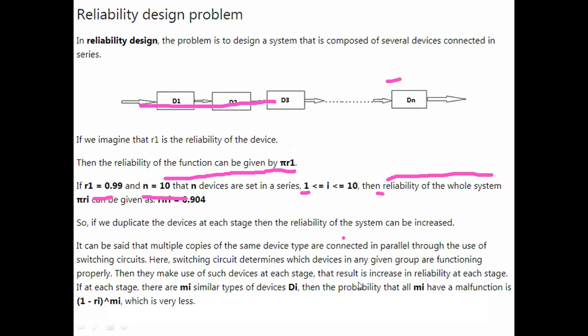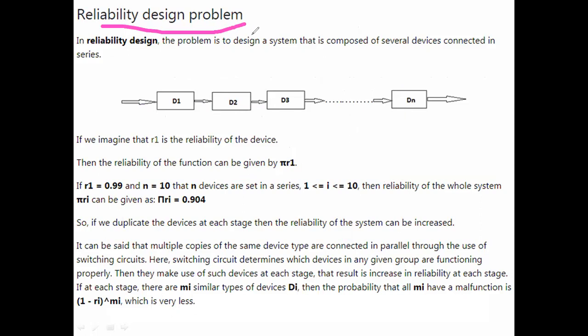Let's see how to solve reliability design using the dynamic method. This is the number of devices connected in series. Here the reliability of D1 is R1, of D2 is R2, of D3 is R3, and of Dn is Rn.